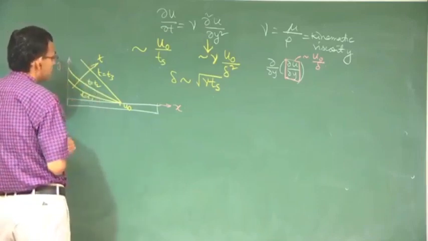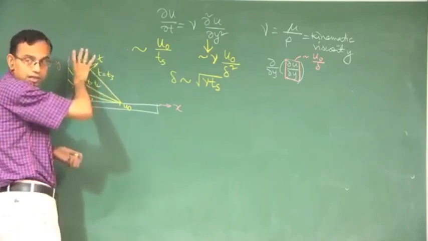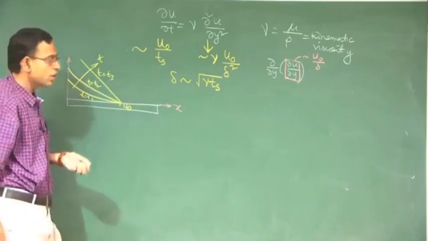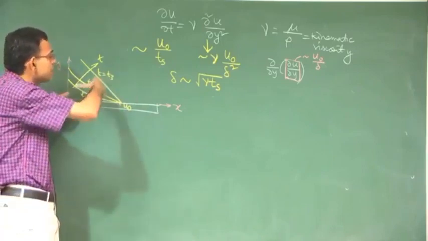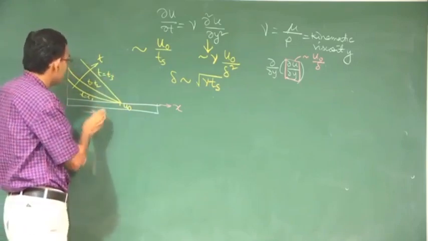So, what is happening is, as you allow more and more time, more and more thickness of the fluid is responding to this movement of the plate. So, the velocity plots are all scattered, this x axis is u and y axis is y.